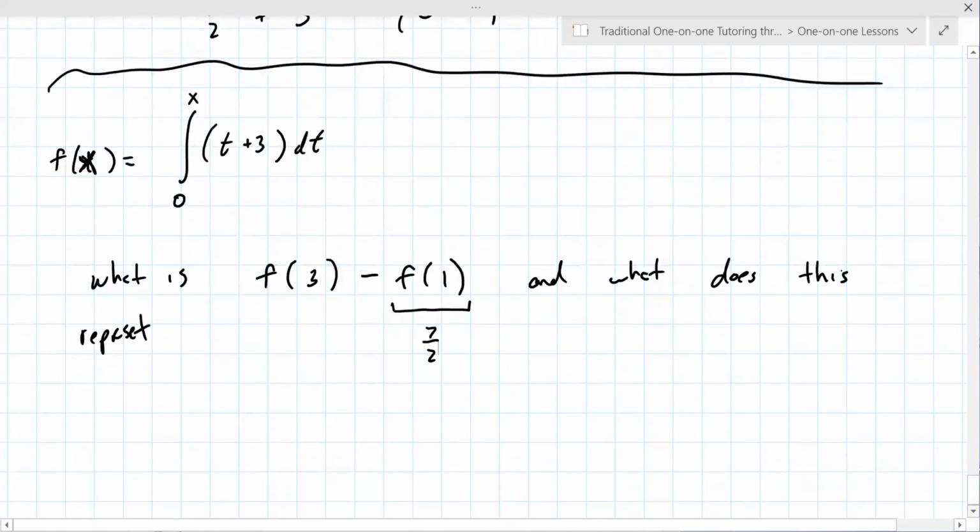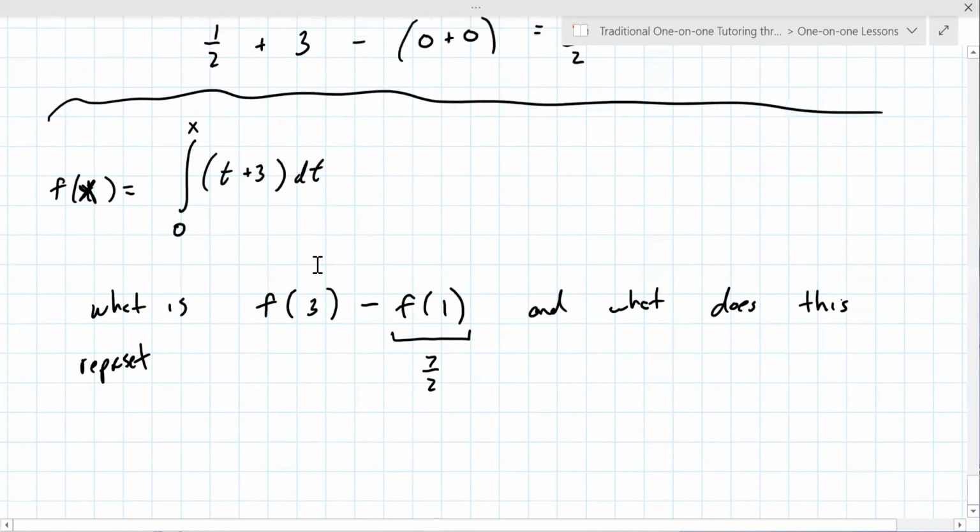Okay, so 3, 0, 3 plus t plus 3. It's the same. Oh, so it's the same antiderivative. Yep. Same antiderivative. t squared over 2 plus 3t, 3, 0. So 9 over 2 plus 9 minus 0.